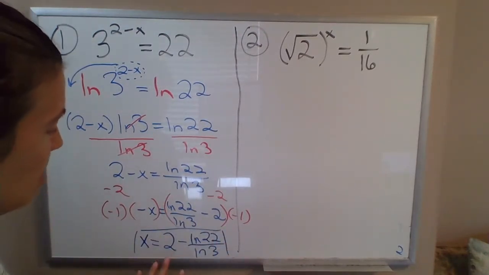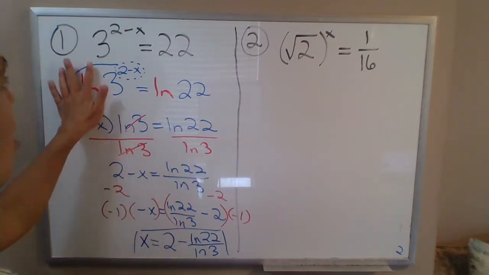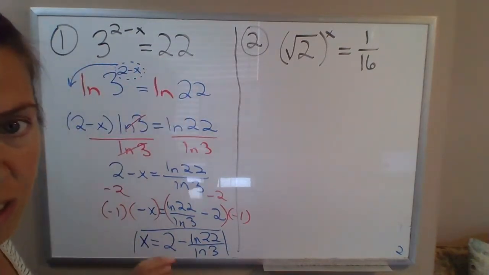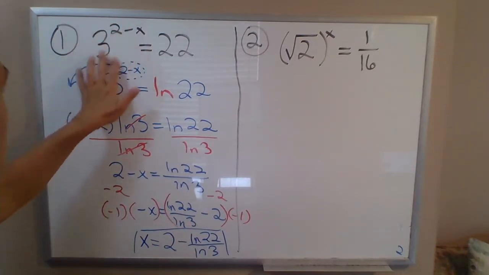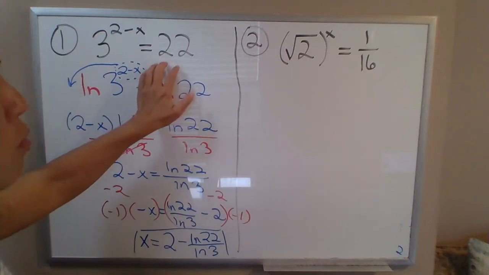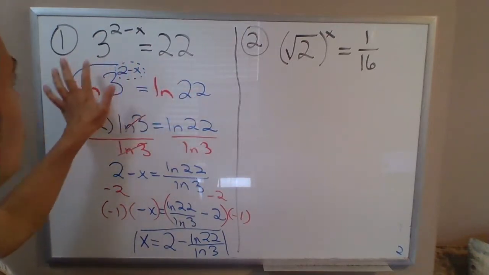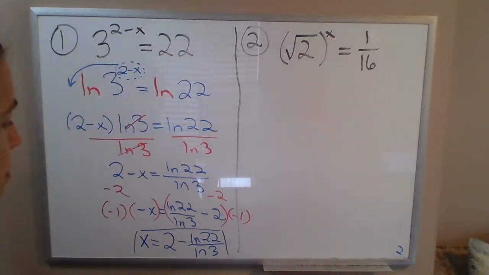We could have just as easily, for the record, taken log base 3 of both sides if you want. That works out cleanly on the left side. If you take log base 3 of both sides, then this side will become just 2 minus x, and this side would be log base 3 of 22. Or you could take the common log of both sides. But here's the answer in terms of natural logarithm.